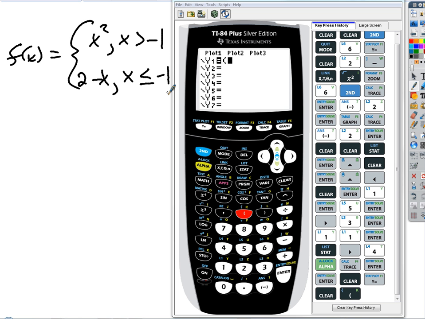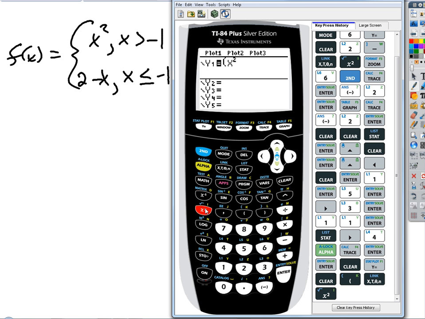How do I do that? Well, first let's do the top. So we'd have the function x squared, and then I put a comma. Let me look real quick, because I'm drawing a blank on this.